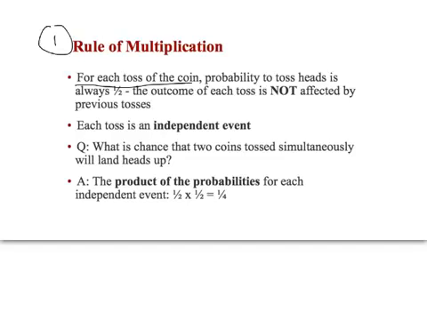So if I want to calculate the chance that two coins are tossed simultaneously and they're both heads, I can multiply the probabilities together because the two coins don't affect one another. So there's a 1/2 chance that the first coin will be heads, and there's a 1/2 chance that the second coin will be heads, and I can multiply these together and calculate that there's a 1/4 chance of them both being heads, and I can multiply them because they do not affect each other.